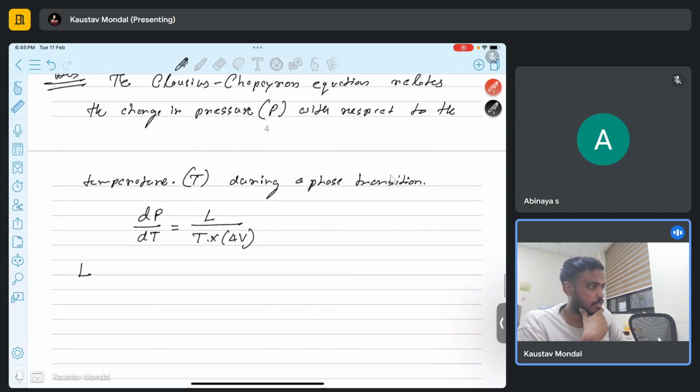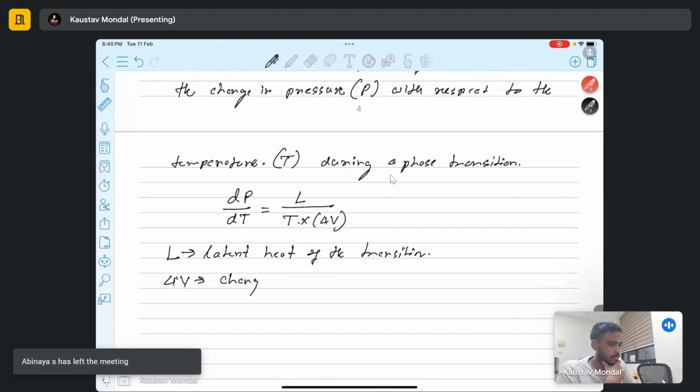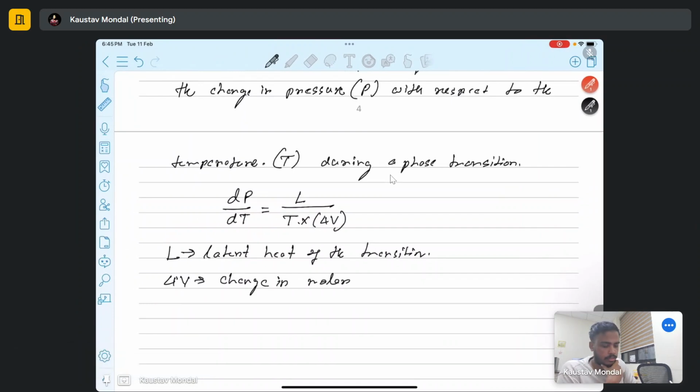L is the latent heat of the transition, and delta V is the change in molar volume.